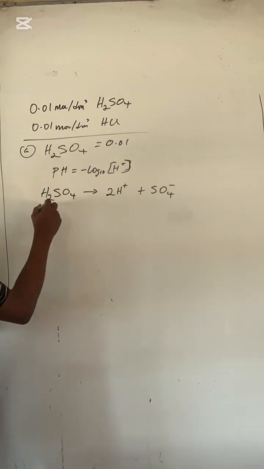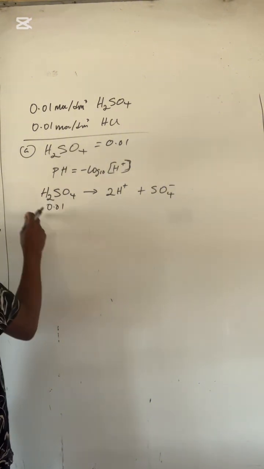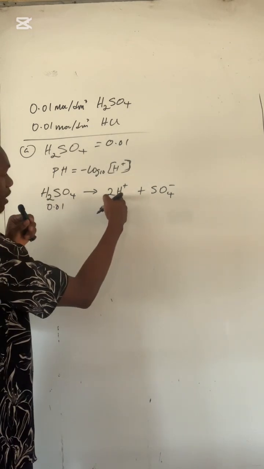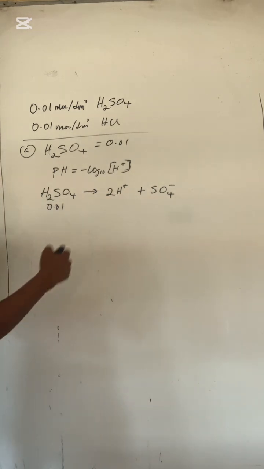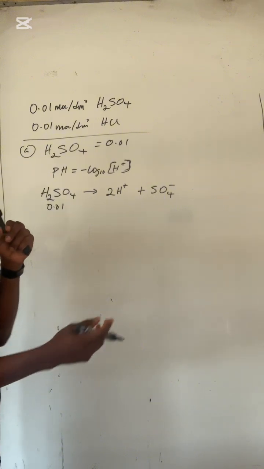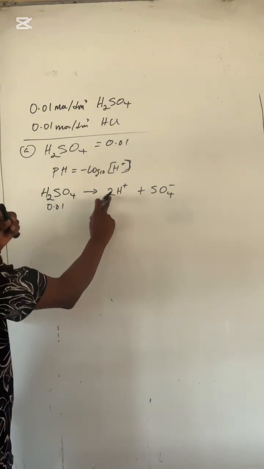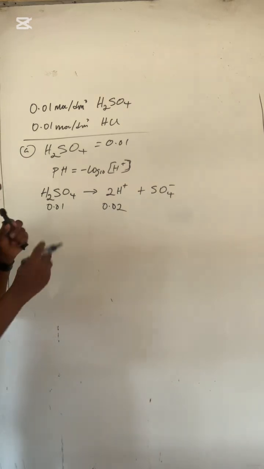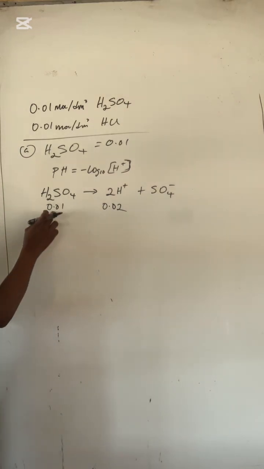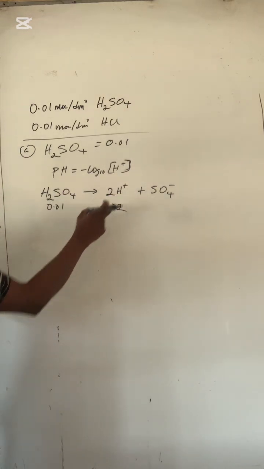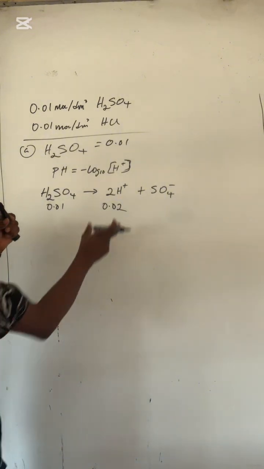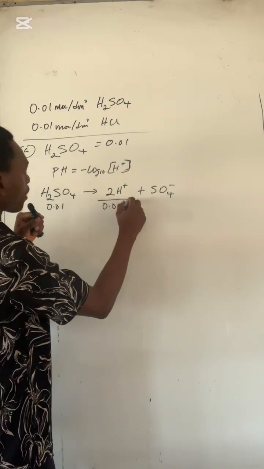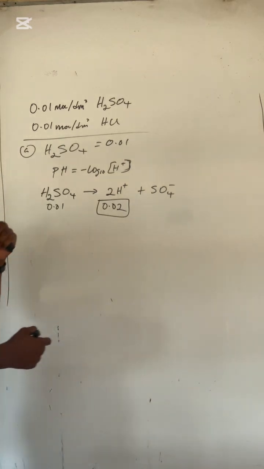Meaning, if this acid concentration is 0.01, since it has one mole in the balanced equation, definitely the concentration of the hydrogen ion is going to be times 2, since the ratio is 2 to 1 here. So it will be 0.02. So the concentration of the hydrogen ion is two times the concentration of this acid, since the hydrogen ion is gotten from the acid. So we've gotten our hydrogen ion to be 0.02.